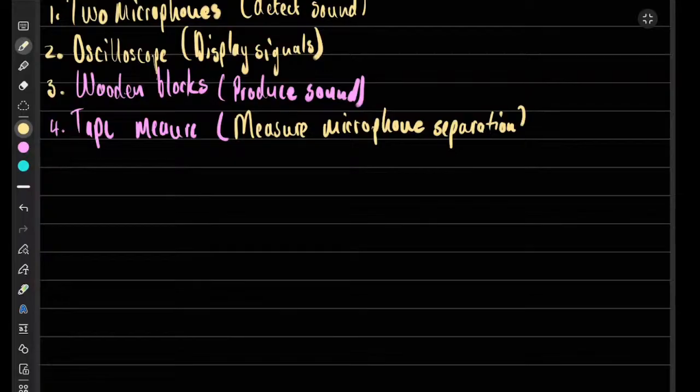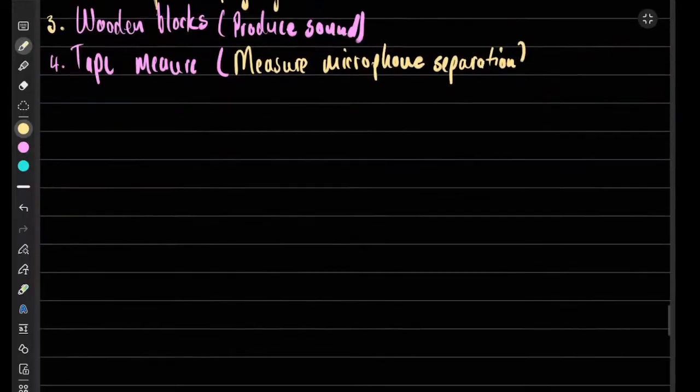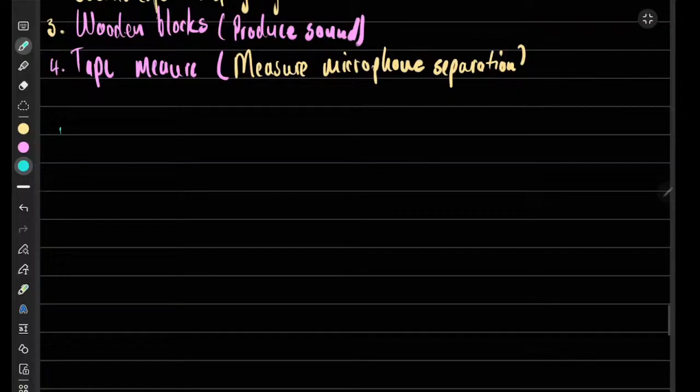These are the things. Method. Let's now talk about the method. We need 4 things. In the other experiment, you needed just the wooden blocks, the trundle wheel, and the stopwatch, and 2 people.